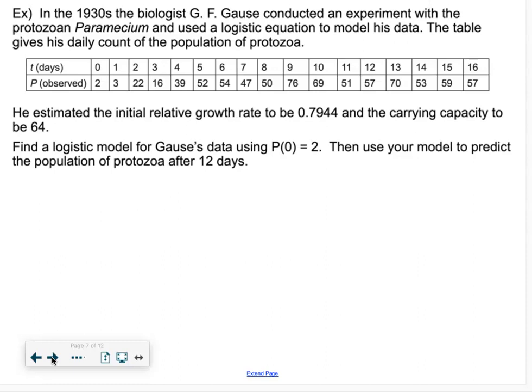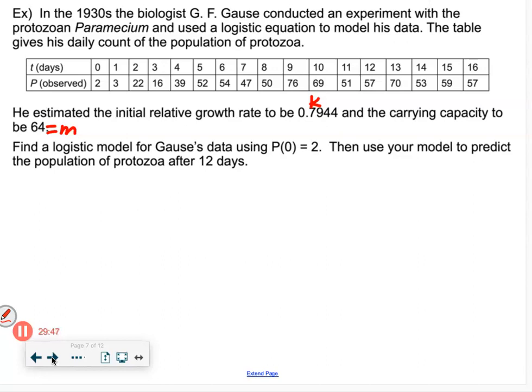All right. He estimated the initial relative growth rate to be 0.7944. What letter is that? That's your K. And the carrying capacity would be 64. What's that? That's your M. Find a logistic model for Gauss's data using P of 0 equals 2.